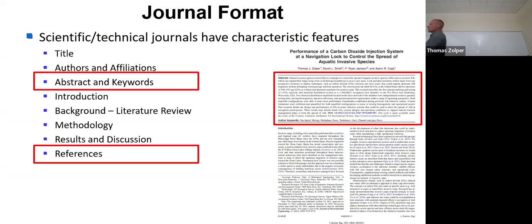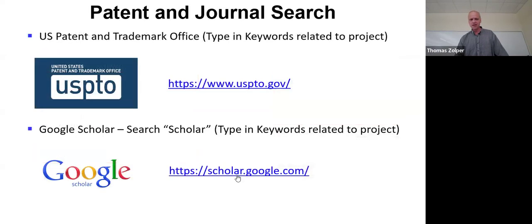But these also serve as really good resources for information on product design or design of systems. In this case, it was a system that some senior design students and I had developed for the U.S. Geological Survey to infuse water with carbon dioxide to prevent the spread of aquatic invasive species.